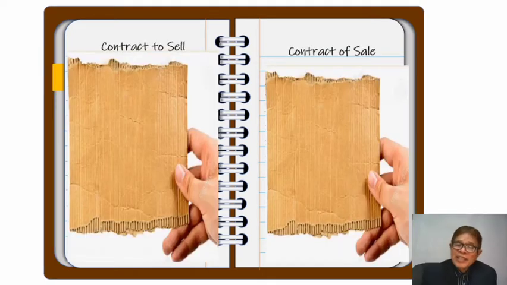I once made a sale of 5 million worth of house and land somewhere in Banawa. And it was a contract of sale because it was brokerage. The buyer and seller had a quarrel. They were contacting each other on their own.